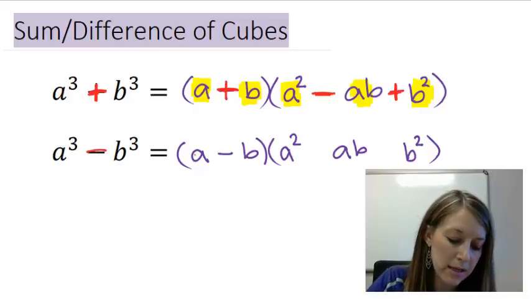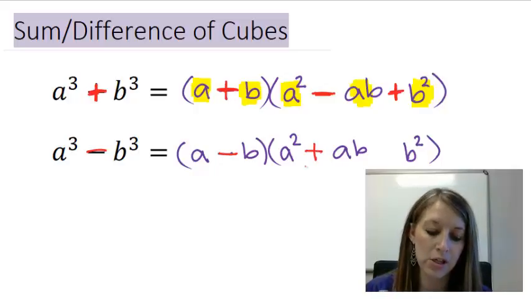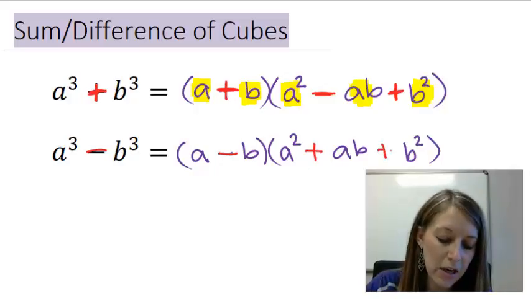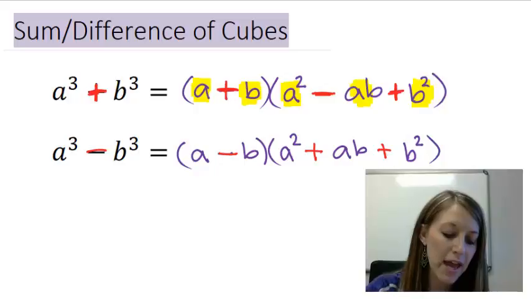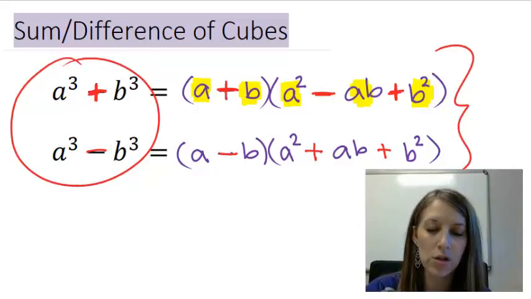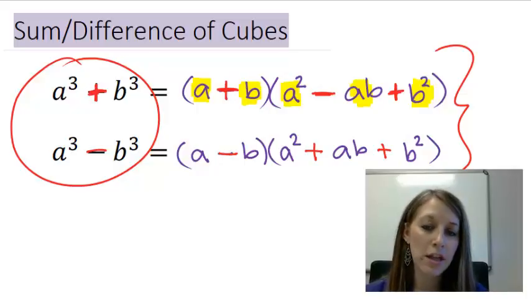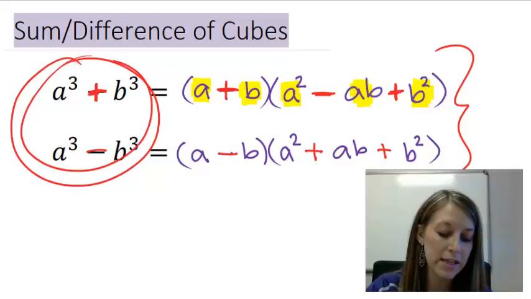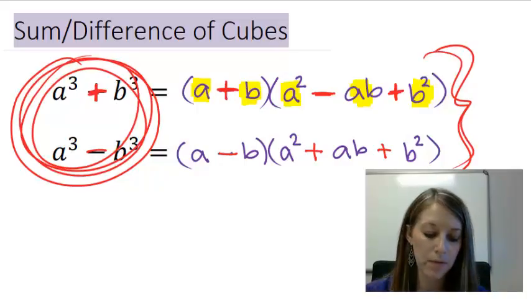So this one was minus, this one is minus, this one is opposite of those signs, addition, and this last sign here is addition. So this is how my formula works out. So if I can set something up like this here, then I'm just going to plug it in my formula from there. So my suggestion on these examples is to get it in this format so the rest of it is really easy to go with.